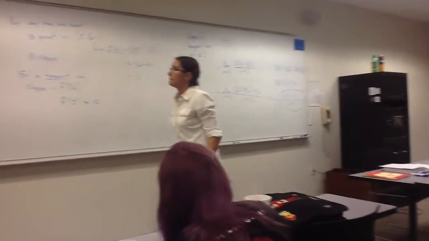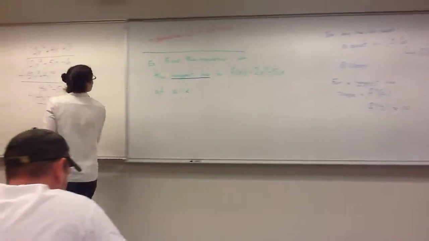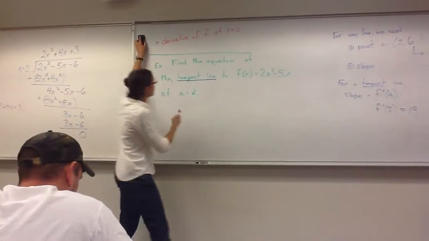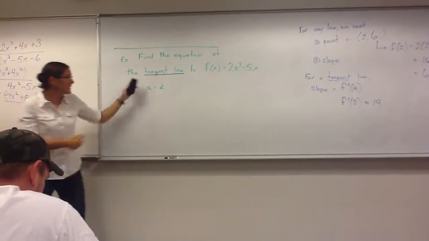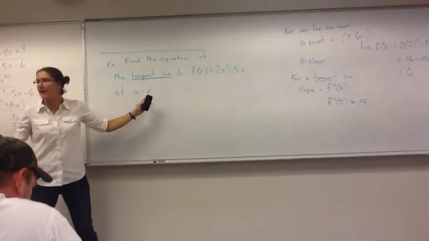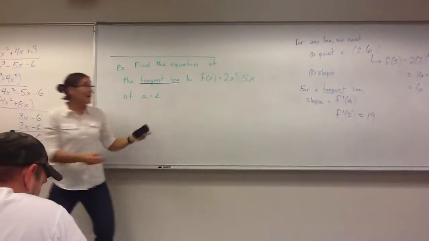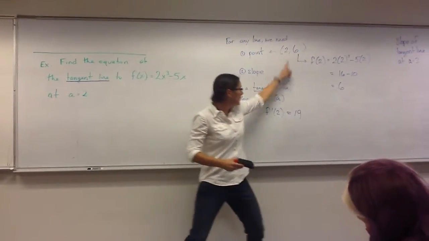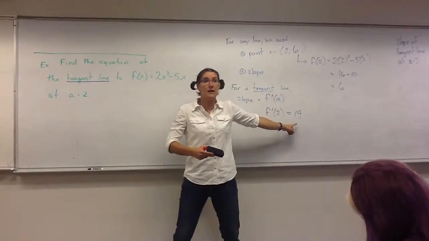All right, so our goal was to find the equation of the tangent line to this particular function at a equals 2. We now have a point, we have a slope, we can write down the equation of our line.